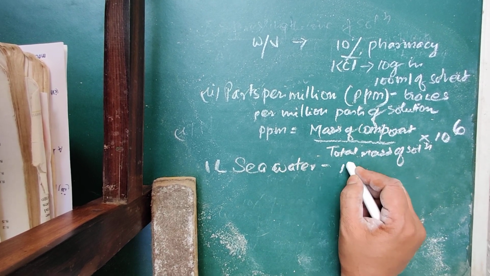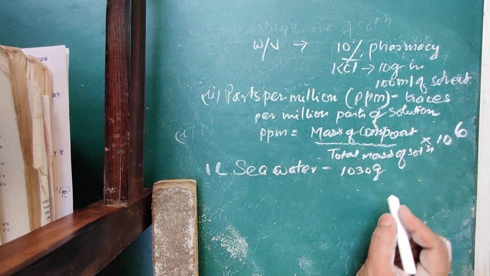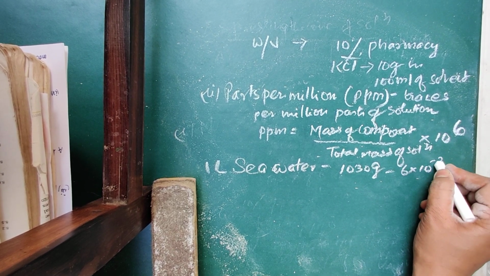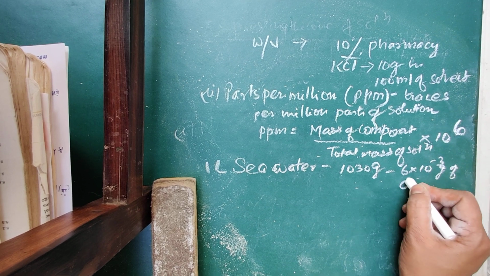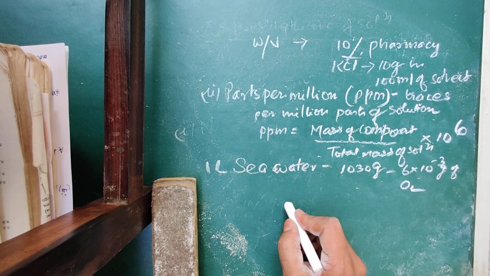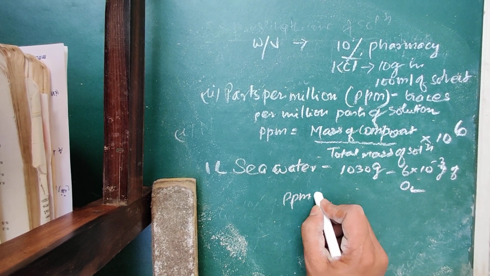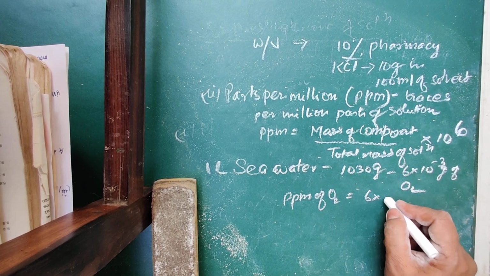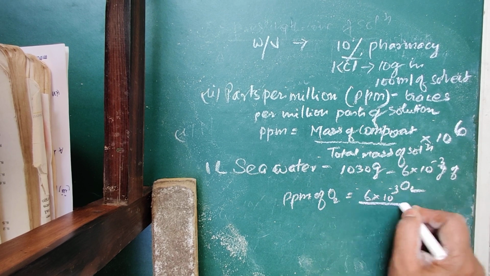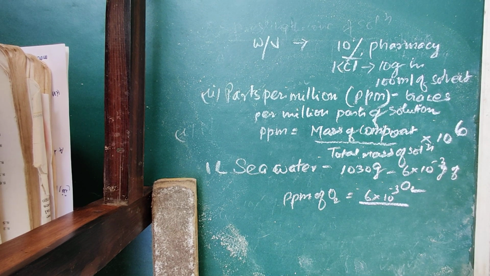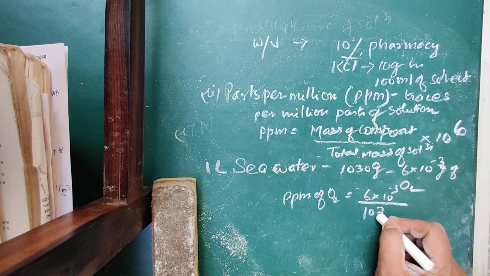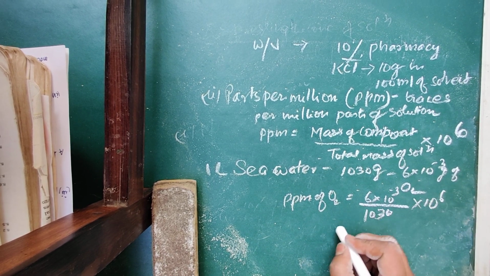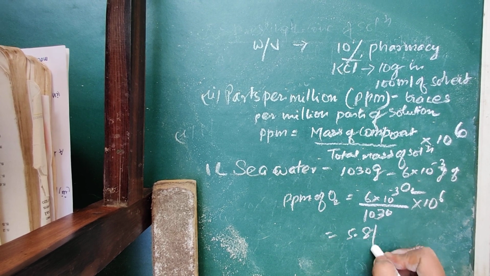If it weighs 1030 gram and contains 6 into 10 to the power minus 3 gram of dissolved oxygen, how will you find the ppm of oxygen? It will be 6 into 10 to the power minus 3 gram, the mass of the component, divided by 1030, that is the total mass of the solution, into 10 to the power 6, that comes to be 5.8 ppm.